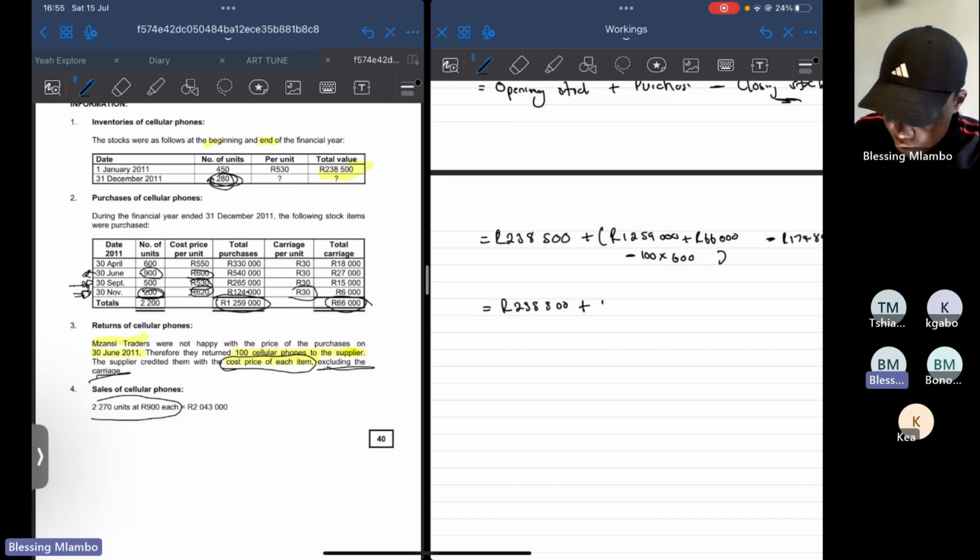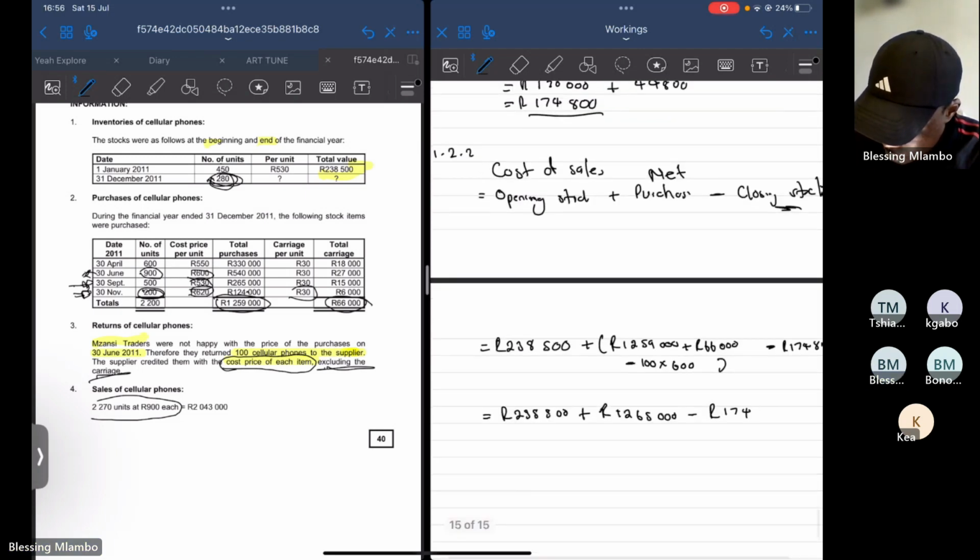Your net purchases is 1,265,123. Then we minus the closing stock of 174,800.